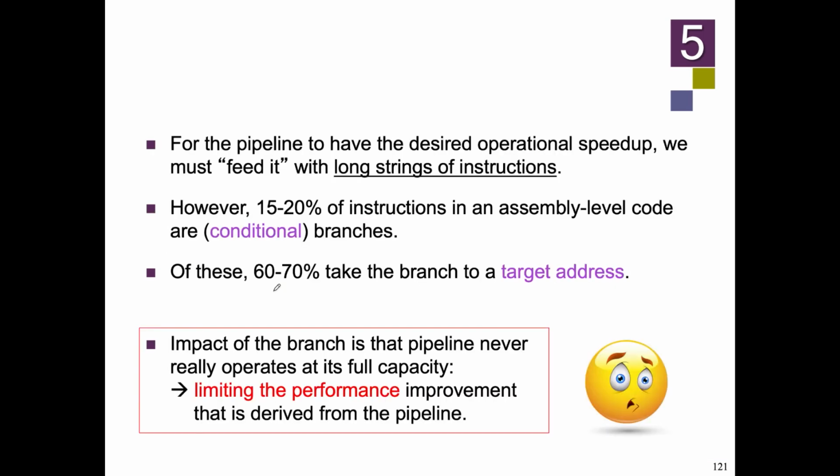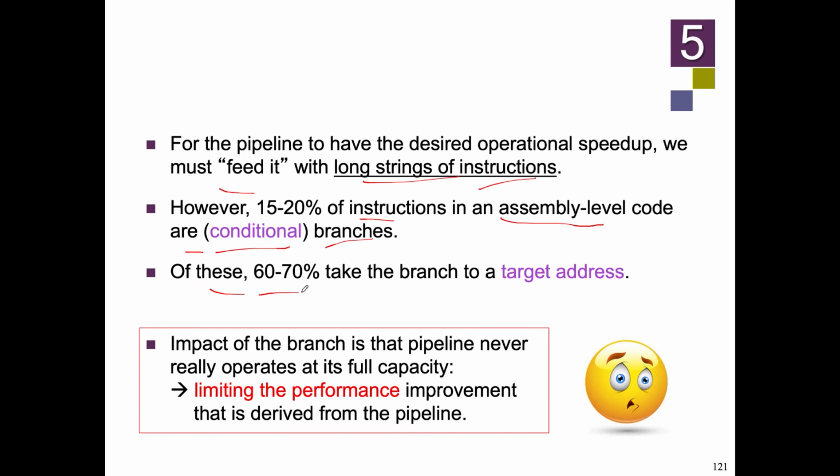You can see over here, for the pipeline to have the desired operation speedup, we must feed it with a long string of instructions. However, 15 to 20% of instructions in an assembly-level code are conditional branches.